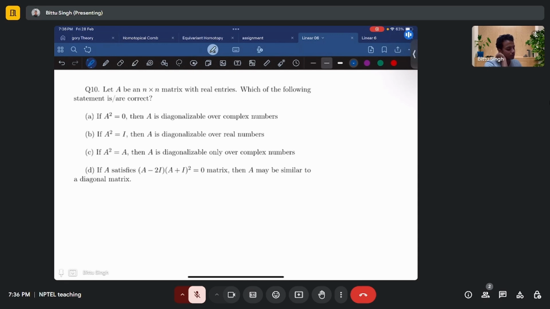It is not necessarily. For example, we need to again construct a counterexample for this.